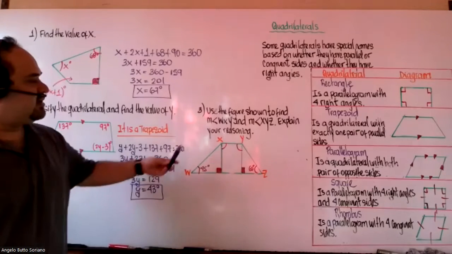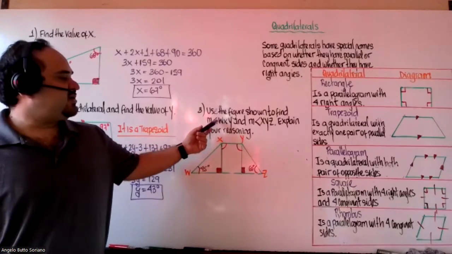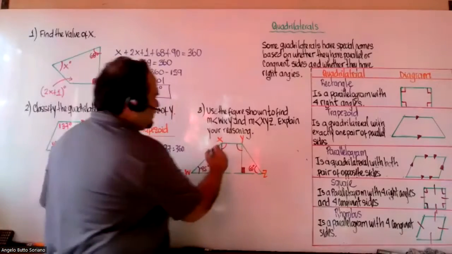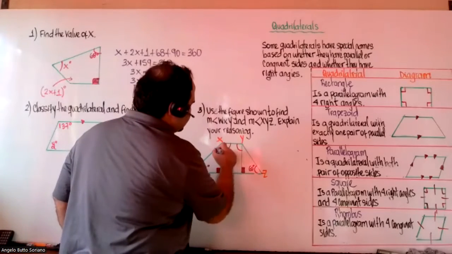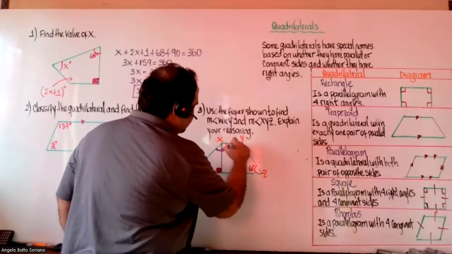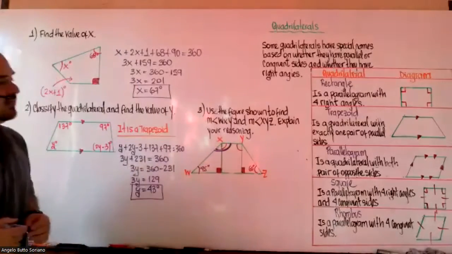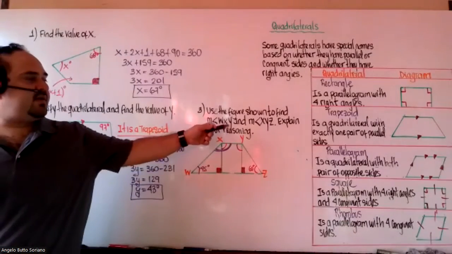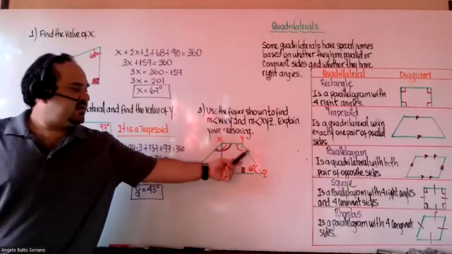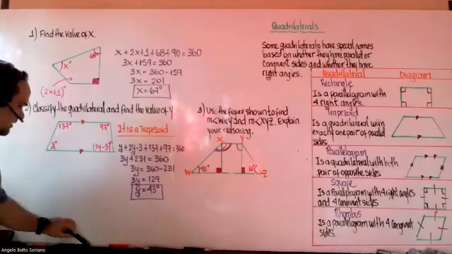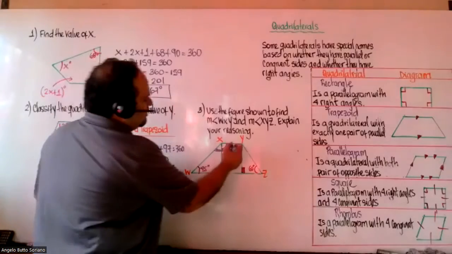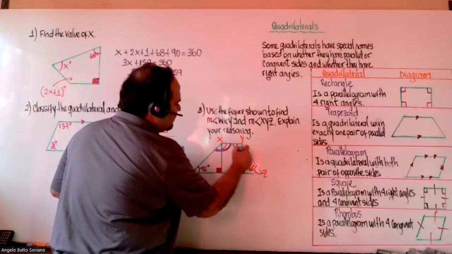In this case, the first question is to find the measure of the angle WXY, which means the entire measure of this angle. And the second one, the measure of the angle XYZ, means the measure of this second angle. Let me show you this far. Okay.